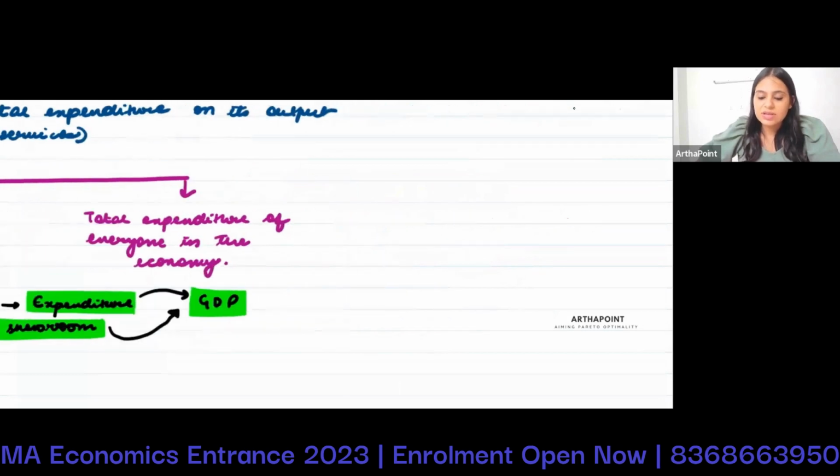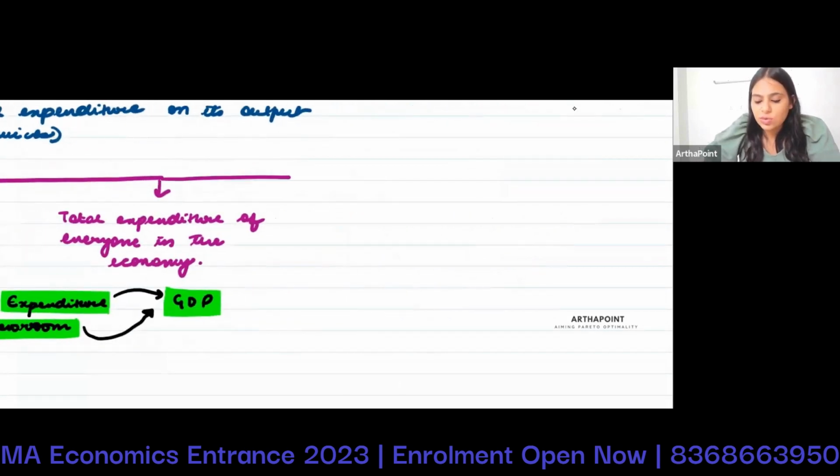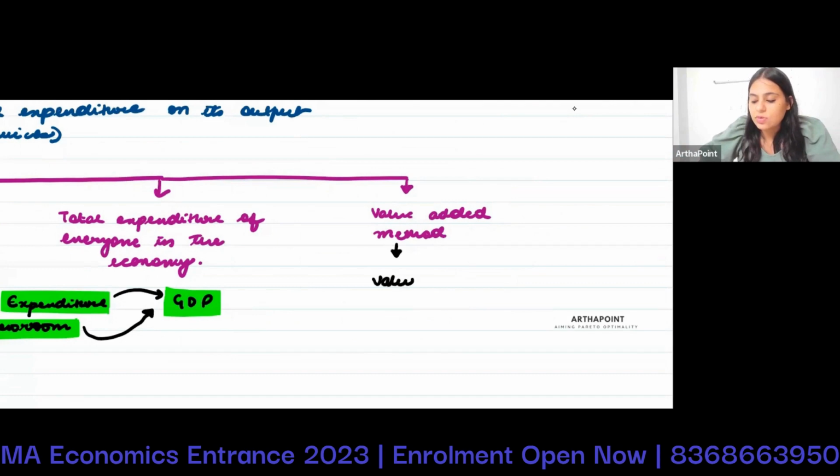There is yet another method, of which I will talk only during imputed GDP and later on, which is the value-added method. So this just says that you take the value of the final goods and services in the economy, or the value that is added at each level.